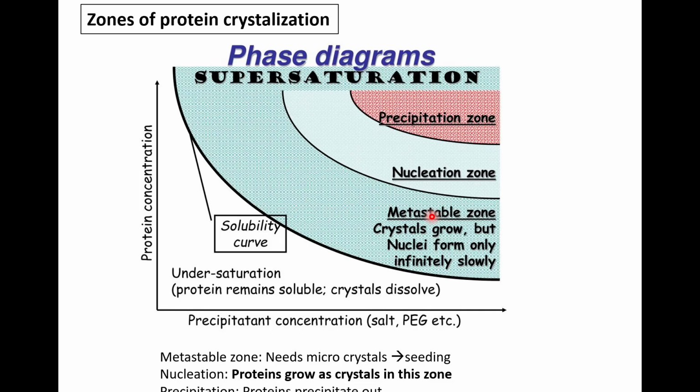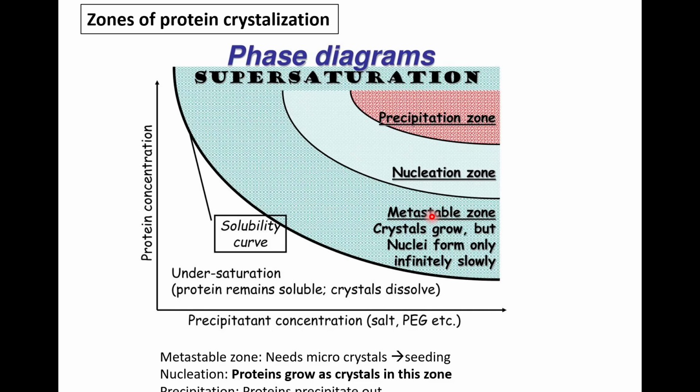And in nucleation, your complete crystal formation occurs. So if it is going from the metastable zone to the nucleation zone, that is the region where you will get your complete crystal. But now, if you start increasing the concentration of precipitant more and more, what will happen?